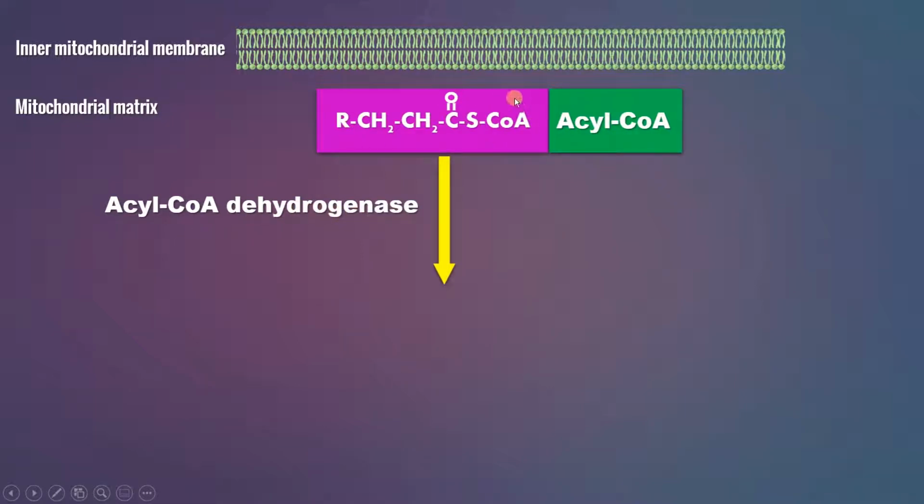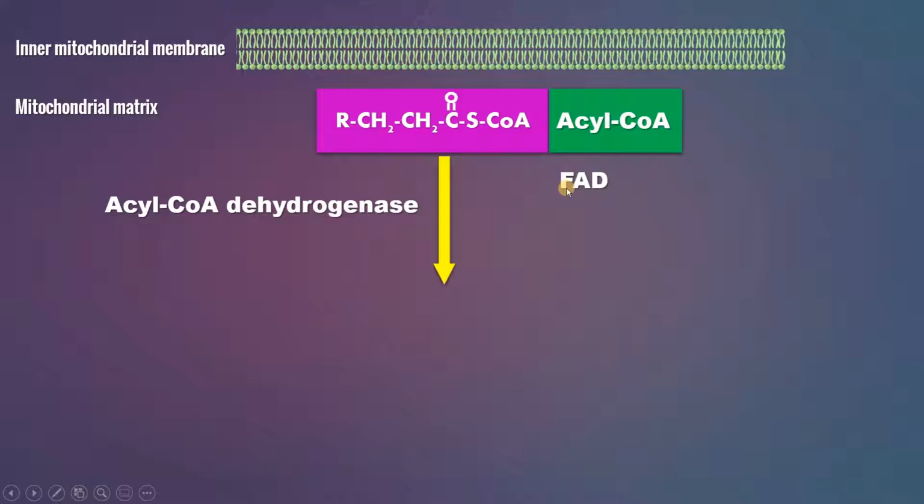This fatty acid must undergo oxidation. That means this reaction should be coupled with the reduction reaction. The oxidizing agent going to be a coenzyme derived from riboflavin, that is FAD. So this FAD is in oxidized form.